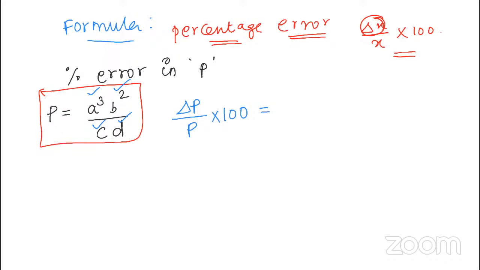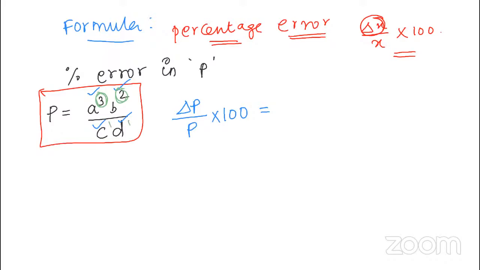Error values calculate பண்ணும்போது multiplication, division எந்த values இருந்தாலும் சரி அதை நம்ம add தான் பண்ணிக்க போறோம். Okay, right. So இந்த coefficient எல்லாமே just முன்னாடி கொண்டு வந்துருங்க. Okay, so 3, 2, 1, 1. So now formula substitute பண்ண போறோம்.